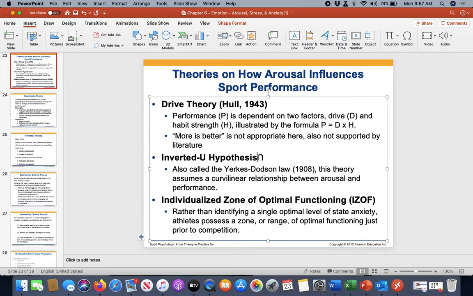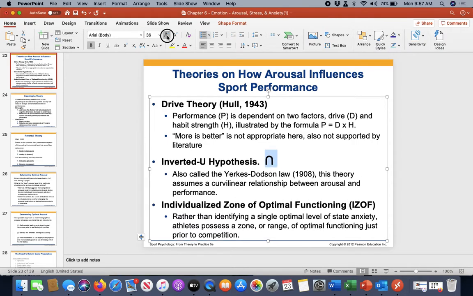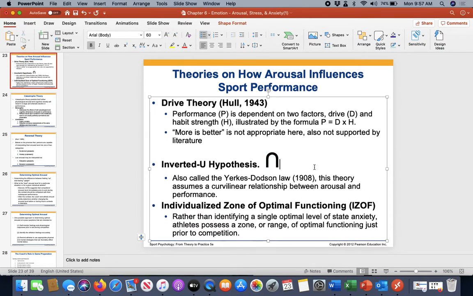Okay. So if we look at the inverted U, let's beef it up a little bit here. What we're saying is on this end you have low arousal, so you're going to have low performance. But as the arousal level increases, so does performance.